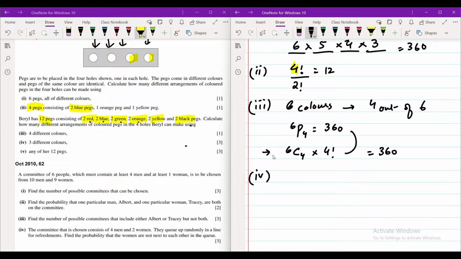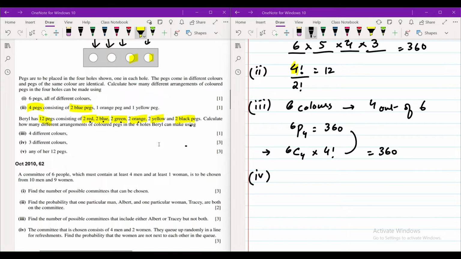So we can go with the selection route, the combination formula, and the permutation way. Let's see how we can do this. We need 3 different colors. For each one of them, I have 1, 2, 3, 4, 5, 6 colors.